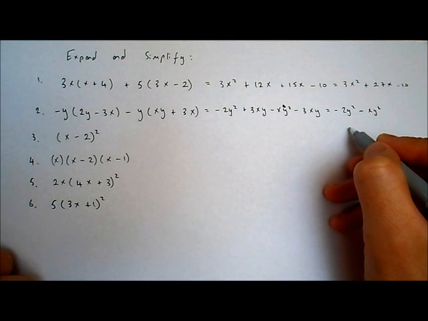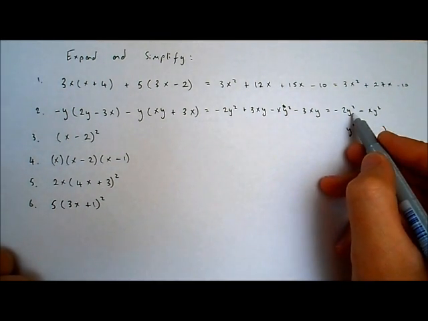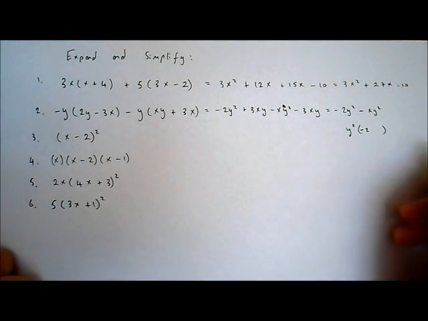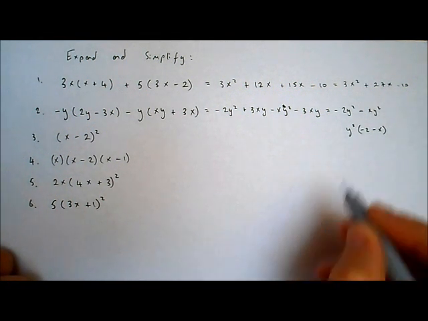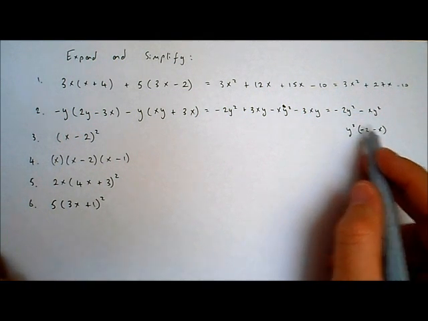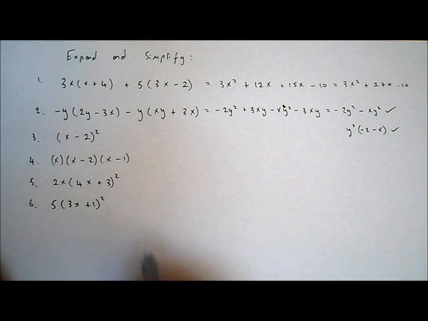So in this one, if I factorize out the y squared, I'd end up with y squared times, so y squared times what will give me minus 2y squared? Well, y squared times minus 2. And y squared times what will give me minus x? Well, minus x. So I end up with y squared multiplied by minus 2 minus x. So maybe it's a little bit tidier. You can either stop there or you can go one step further and go to there.